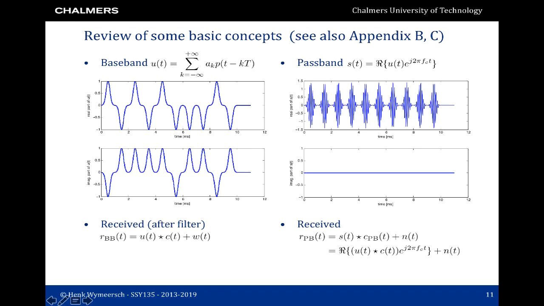The received passband signal, written here on the bottom, is the transmitted passband signal convolved with the corresponding passband channel plus noise. We can of course relate the received baseband and the passband signal through the following equation. What happens here in the real operator involves the complex baseband signal, the complex channel, and the carrier frequency.